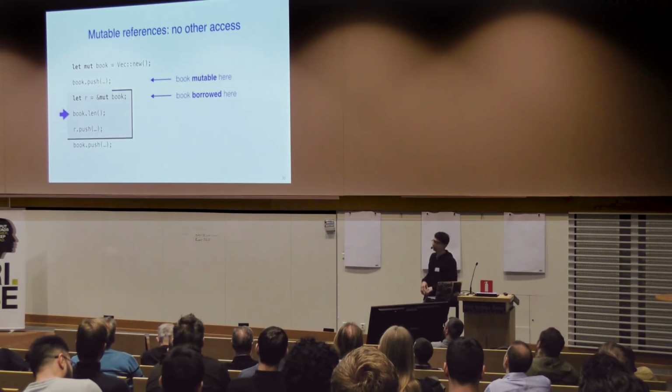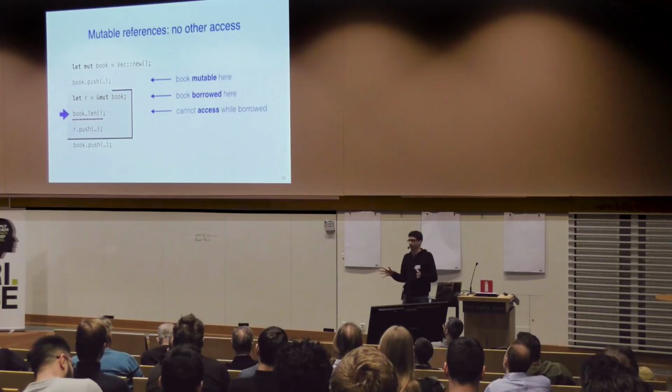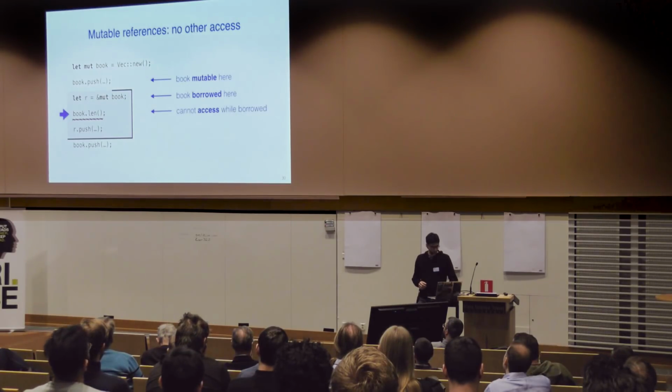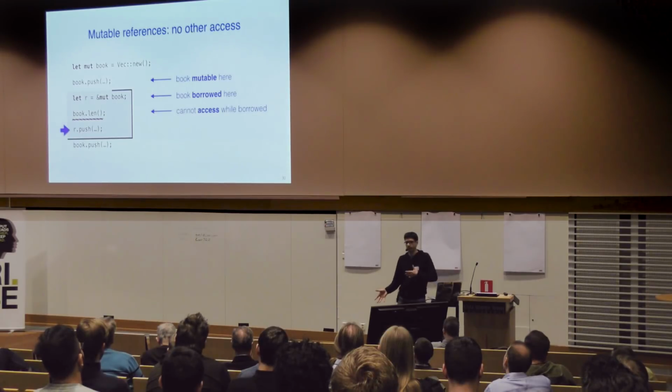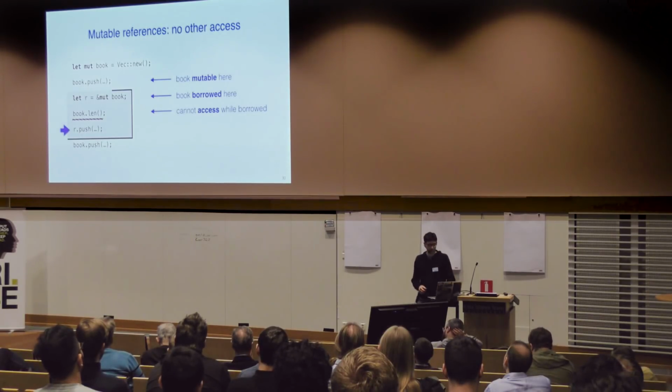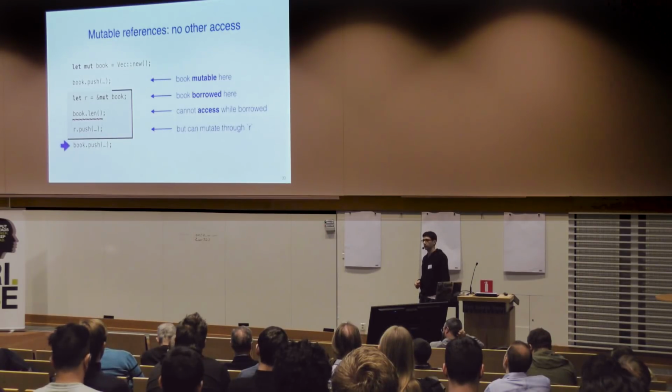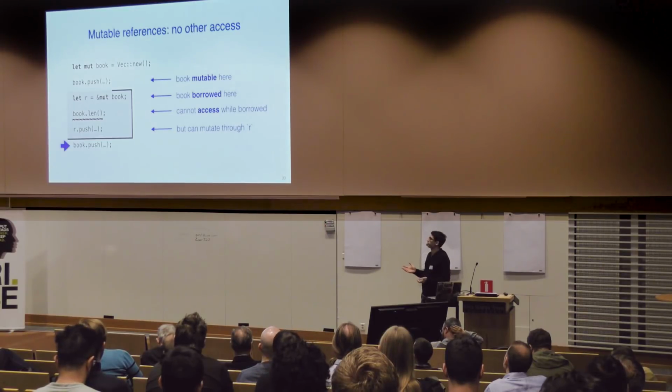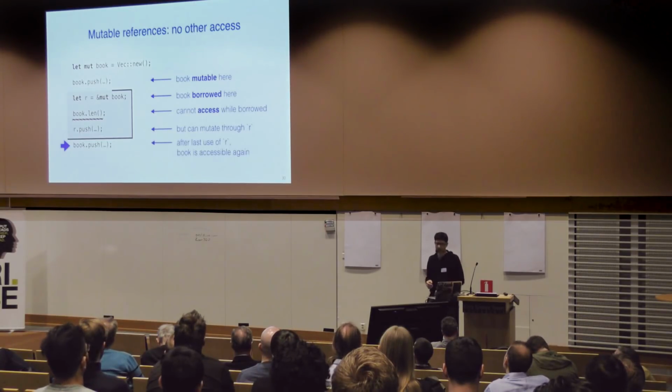So here, the book variable, if we try to use it, we'll just get an error, even if all we're doing is reading from it, right? And this will be important for parallel access later. But we can use this reference R to do mutations or reads, as we choose. And afterwards, once the sharing is done, we can do whatever we want through the book, right? We're completely free. It's accessible like before.